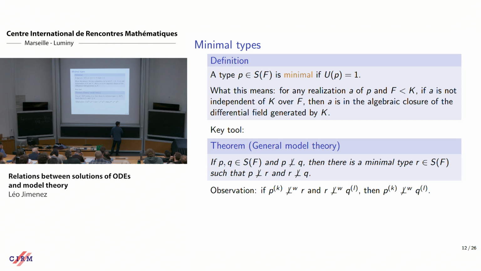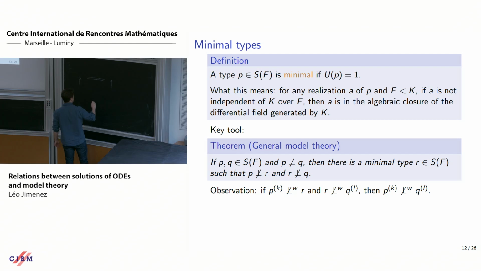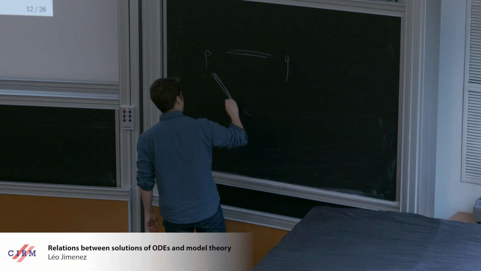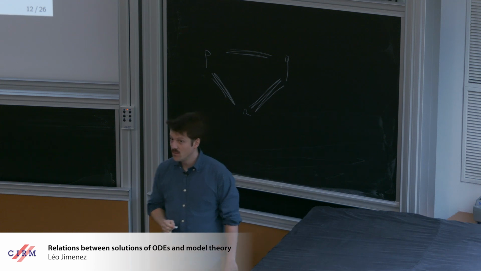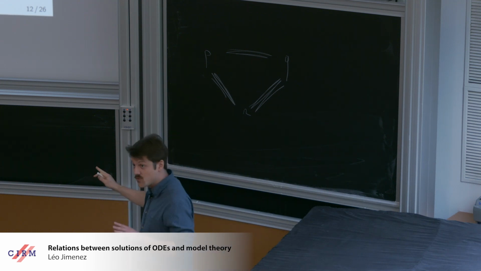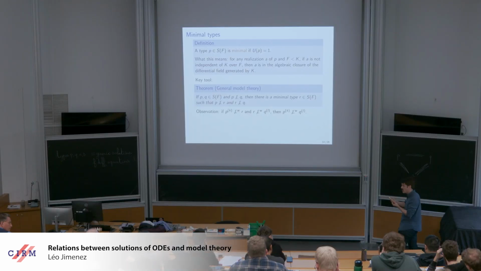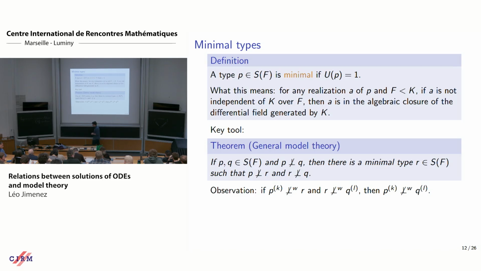So you have some sort of factorization. If I know P and Q have some sort of relation, I can find this minimal type R and factor through it. And again, this has nothing to do with differential equations. It's a general model theoretical fact.